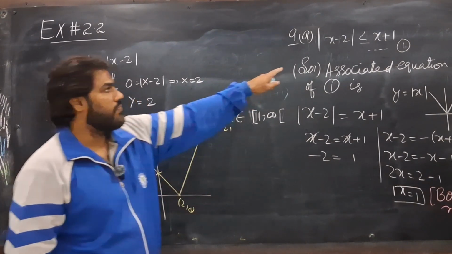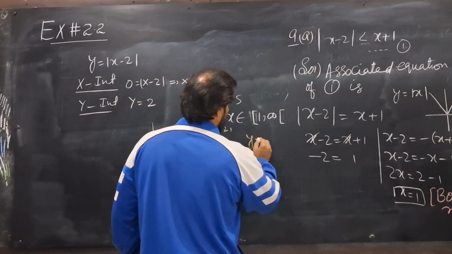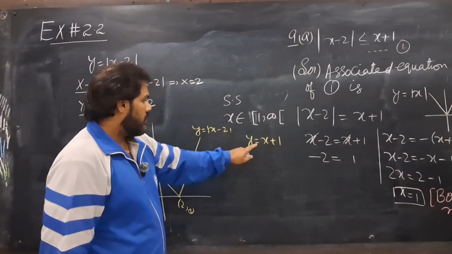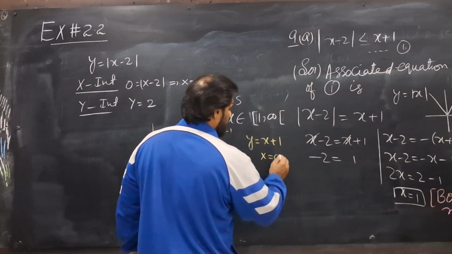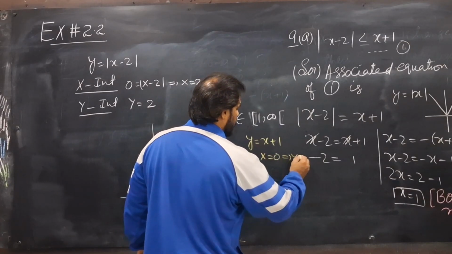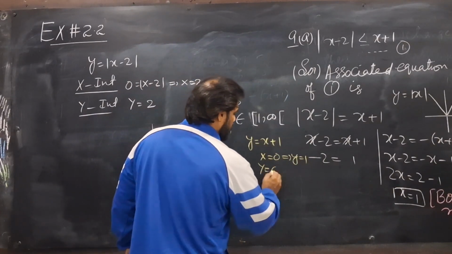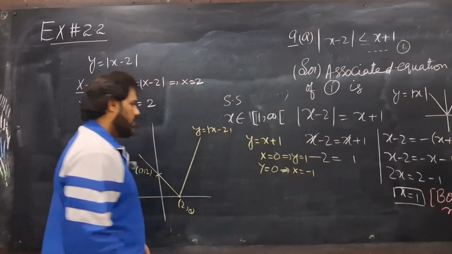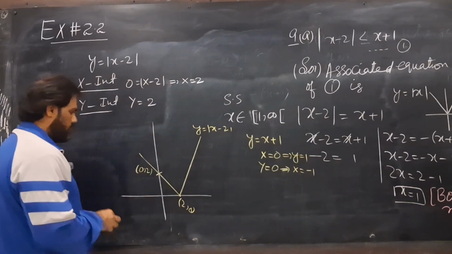Next we make the graph of y is equal to |x plus 1|. Very simple, y is equal to |x plus 1|. When you put x is equal to 0, your y is equal to 1. This is the y-intercept. When you put y is equal to 0, your x is equal to minus 1. So the x-intercept is minus 1, the y-intercept is 1.